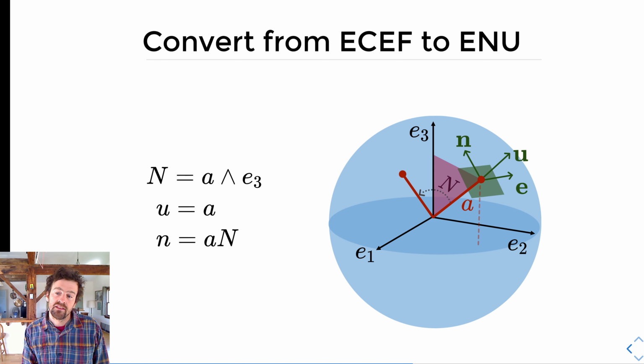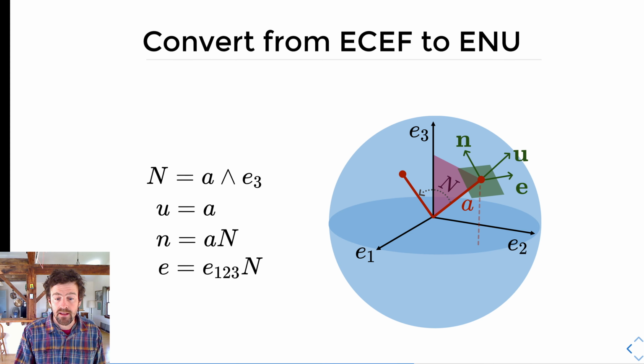Then I'm going to find the north direction by taking my tangent point A and rotating it 90 degrees in that plane. That gives me my north direction, lowercase n. And then finally I'm going to take the dual of the plane created by wedging my north and up vectors. The dual is the vector perpendicular to that plane, and that gives me my east direction. So that's solved this way.